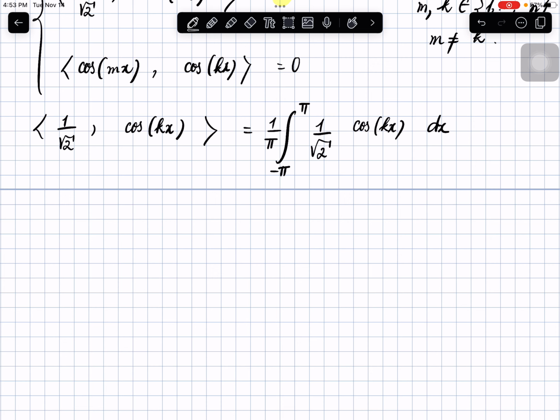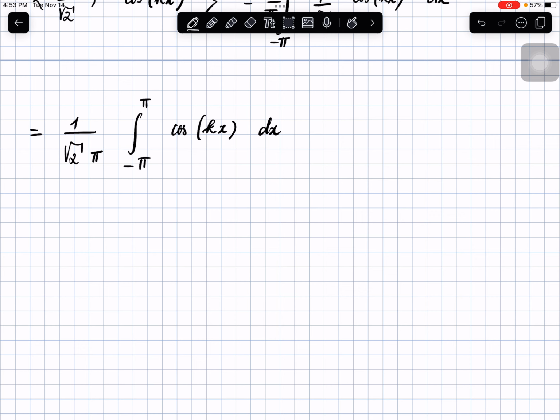So this is 1/(√2 π) times the integral from -π to π of cos kx dx. And this integral will be 0.